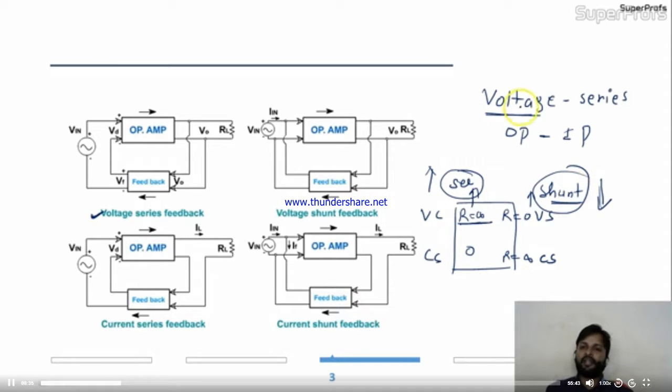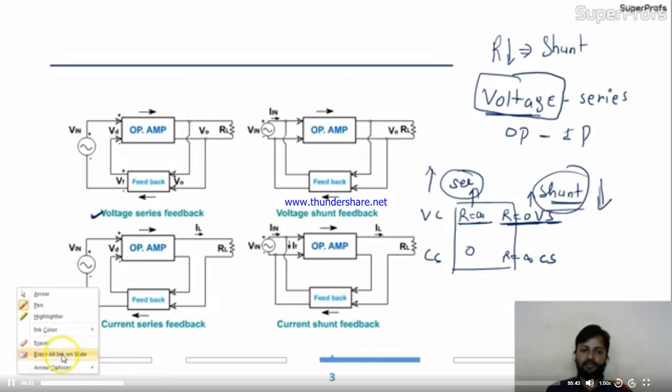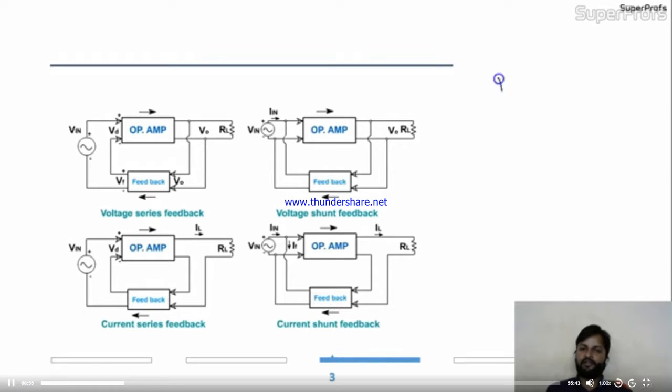So at the output we have voltage. Output voltage means voltage source, means R is 0, R is minimum or very low, means shunt. Again I'm telling you, don't be confused. You have written voltage series.